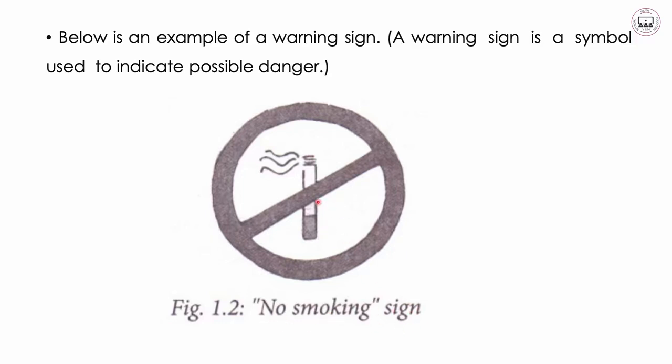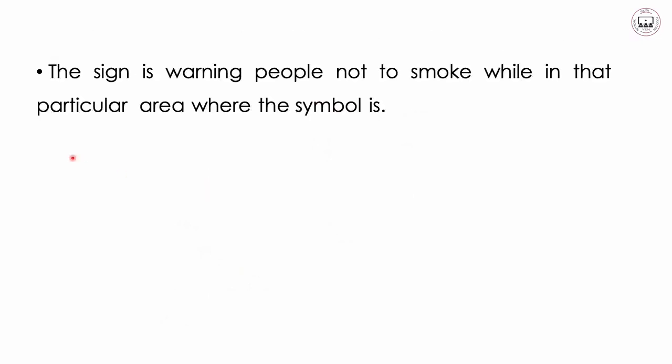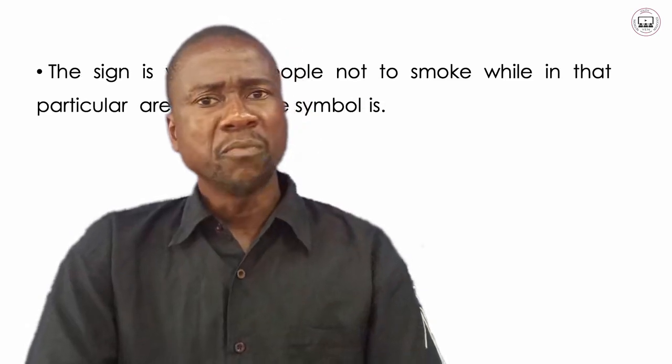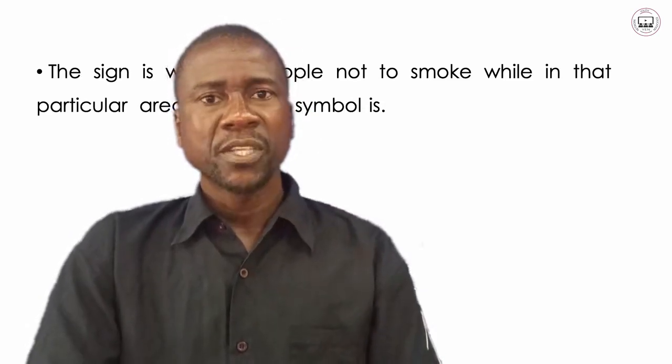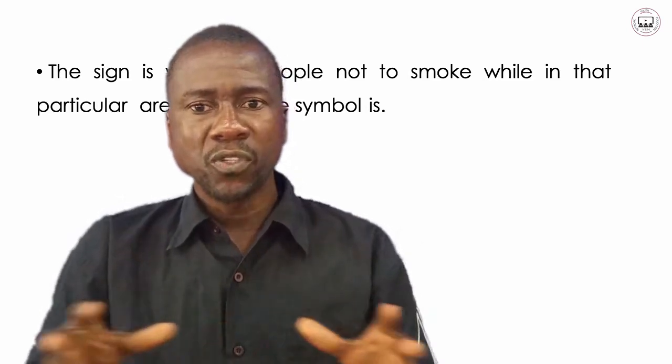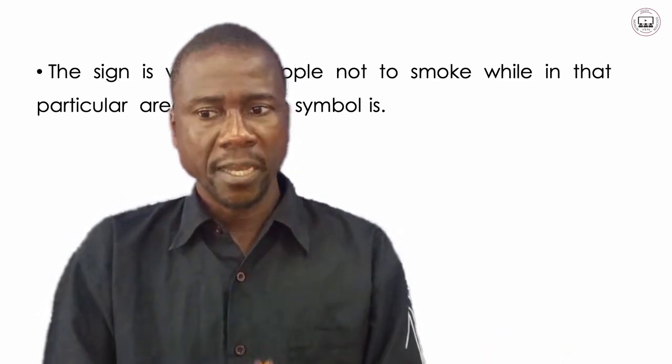There is a diagram of a cigar, and this is cancelling it, meaning no smoking here. The sign is a warning, warning people not to smoke in that particular area. So as you are going to use the laboratory, beware of such symbols. That symbol prevents all laboratory users from smoking around that area.